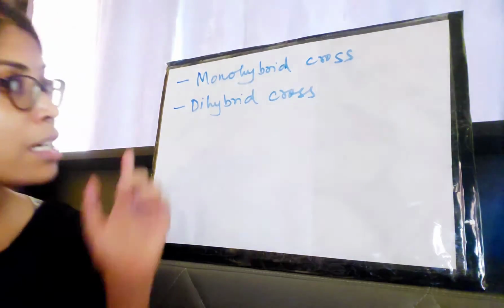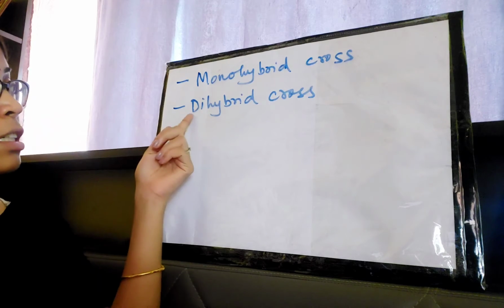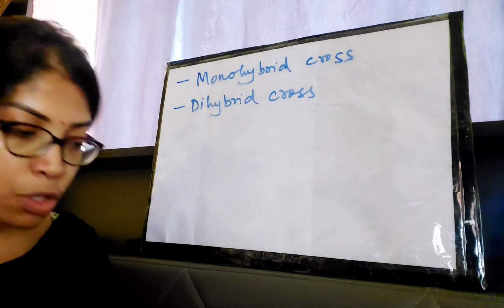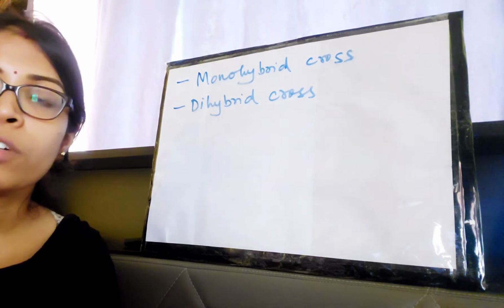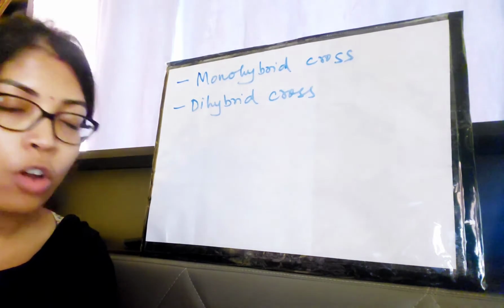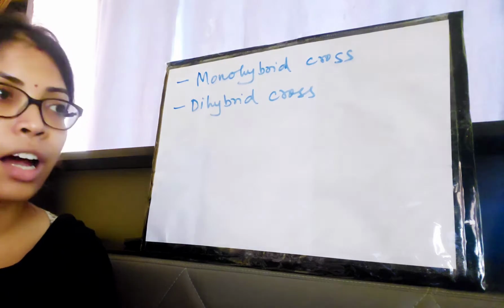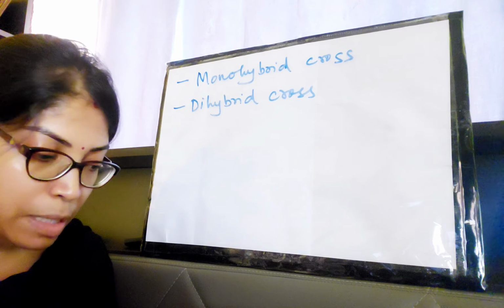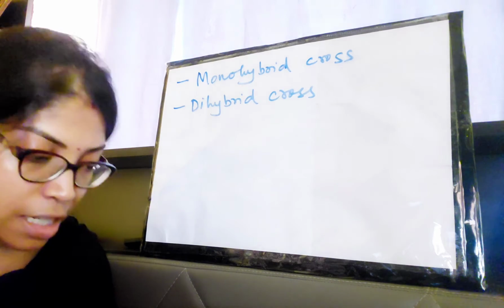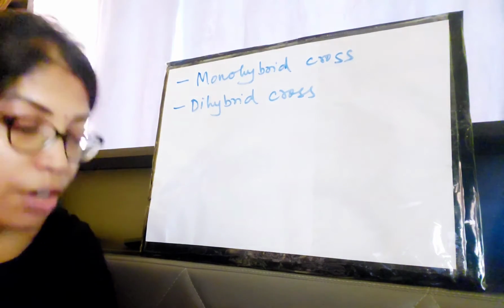Okay, but in case of dihybrid, this part di means two. So here two pairs of alternating or contrasting characters are considered. For example, in Mendel's dihybrid cross with pea plant, he considered shape of seed as well as color of seed.